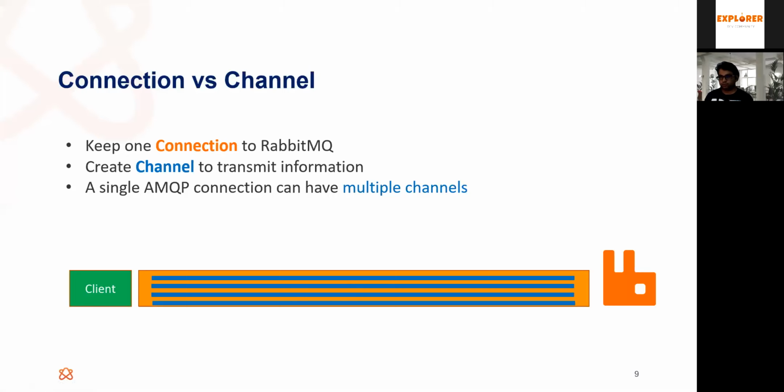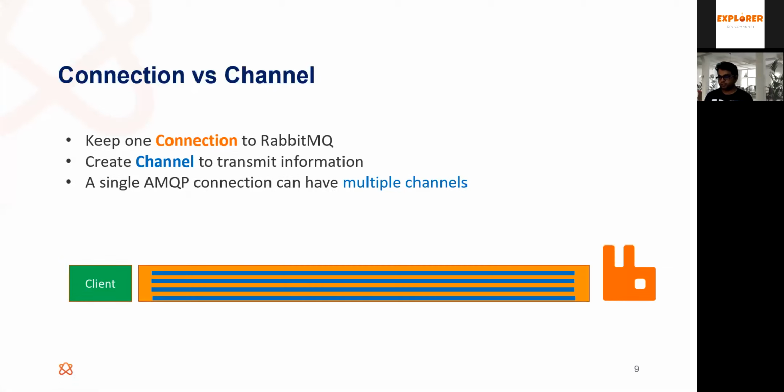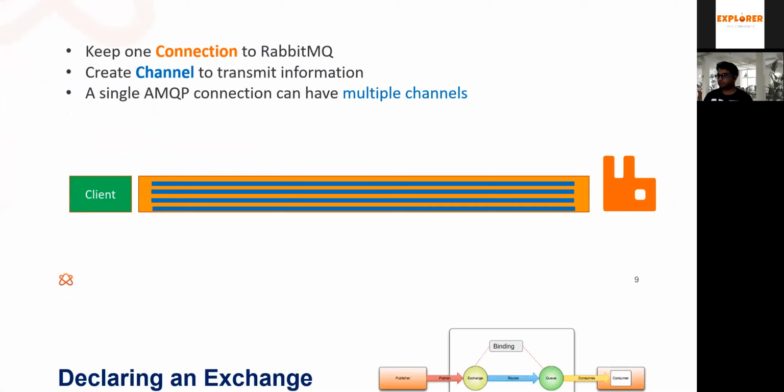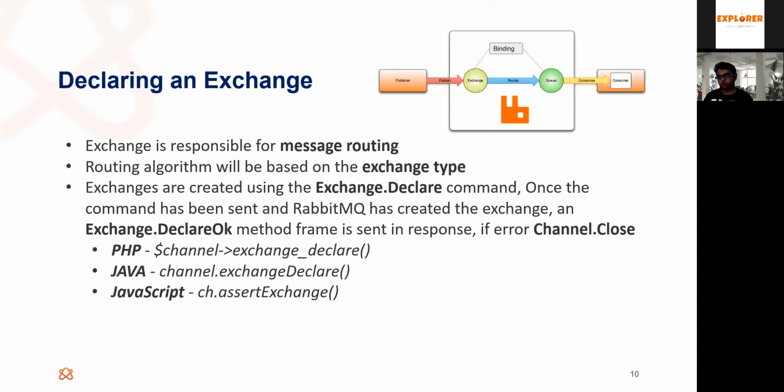Right. So let's move on to the first concept, which is the exchange, in this high-level diagram. The exchange is responsible for routing messages. When someone sends a message to RabbitMQ, the exchange is the party responsible for routing that message.